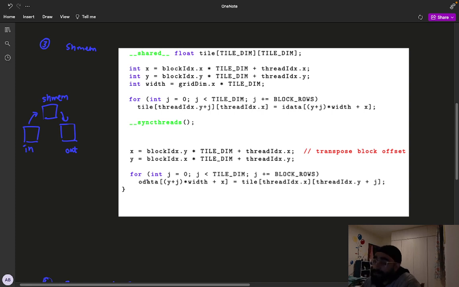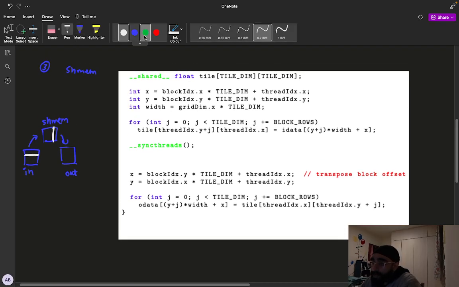So we would load by rows, loading this row into this column in the shared memory, and then while writing to global memory, we write also row wise.